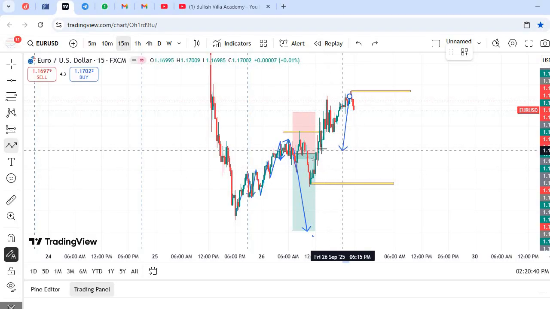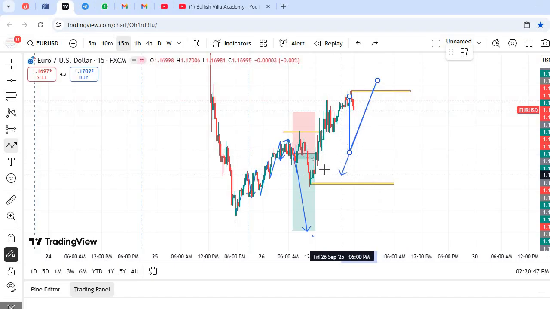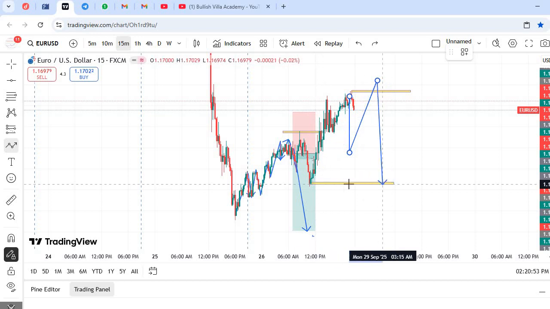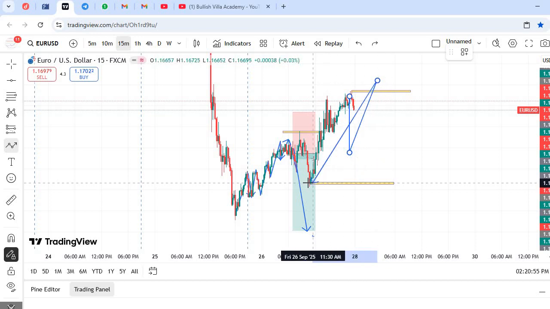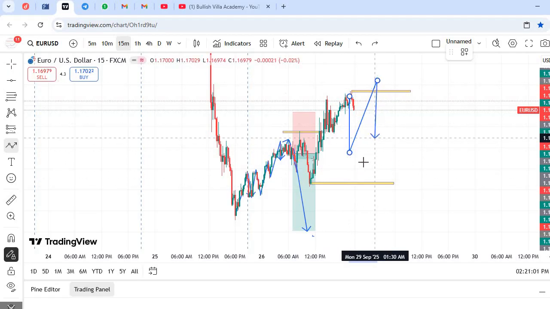Price will either get to this here and clear this liquidity, then it will go up, or price will come down. Now this is the last low, and this low here is not expected to be taken out. So it's either that price gets here and continues the uptrend, or price comes down.